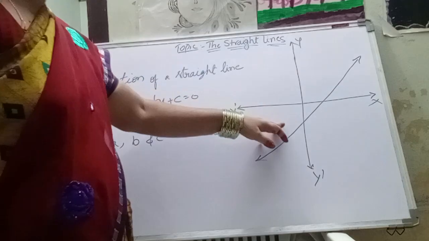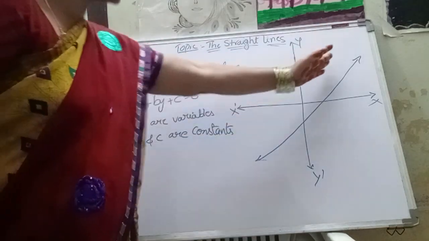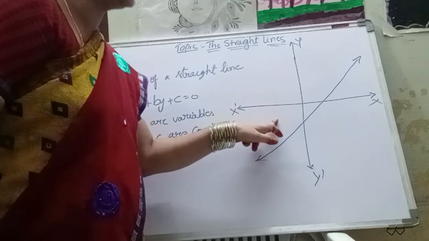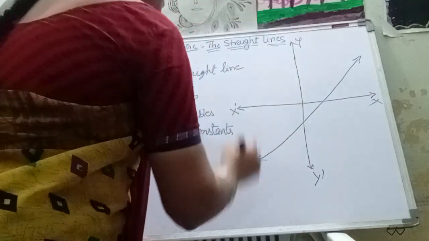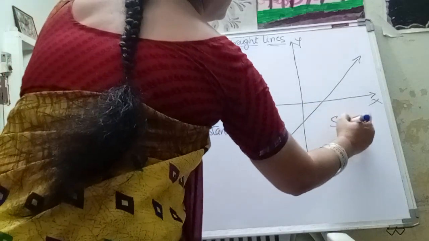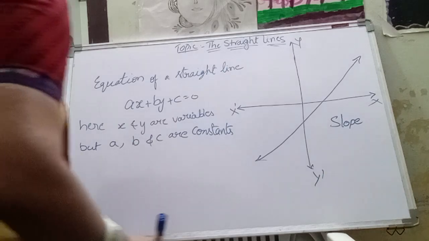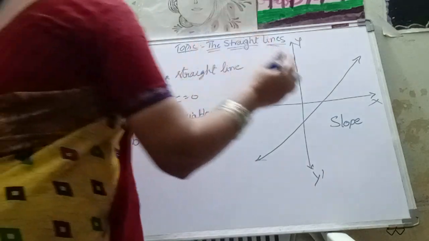It is neither vertical nor horizontal. This is the slanting line, right? So this slanting line will have some slope.